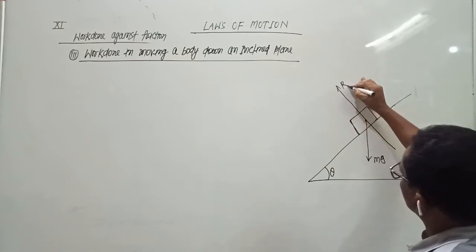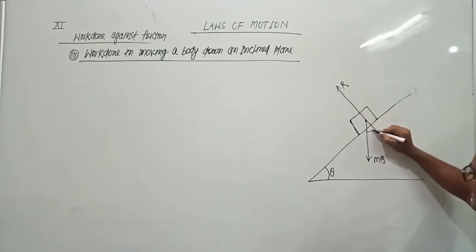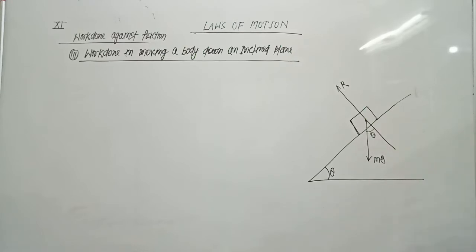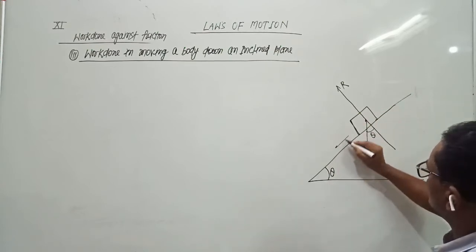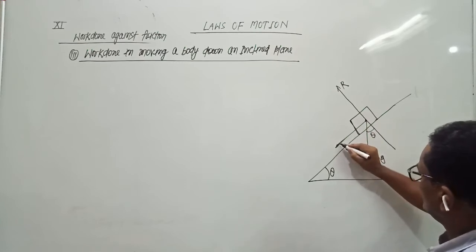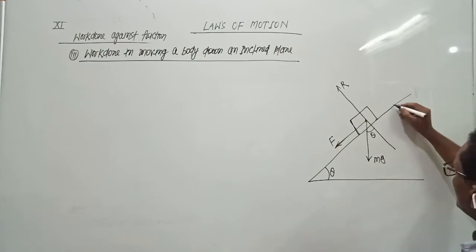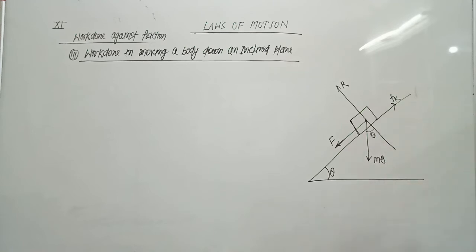If this angle is theta, then this angle will also be theta by geometry, and the body is moving down. So the force acting in the downward direction is the applied force, the force by which the body is moving down an inclined plane, and the kinetic force of friction acts in the forward direction.